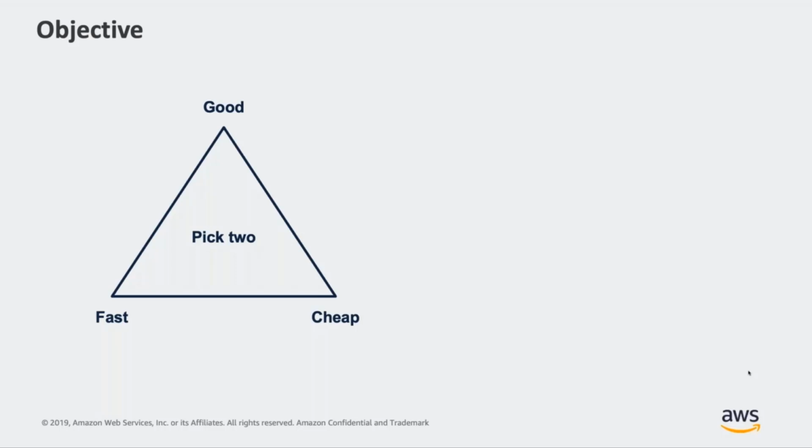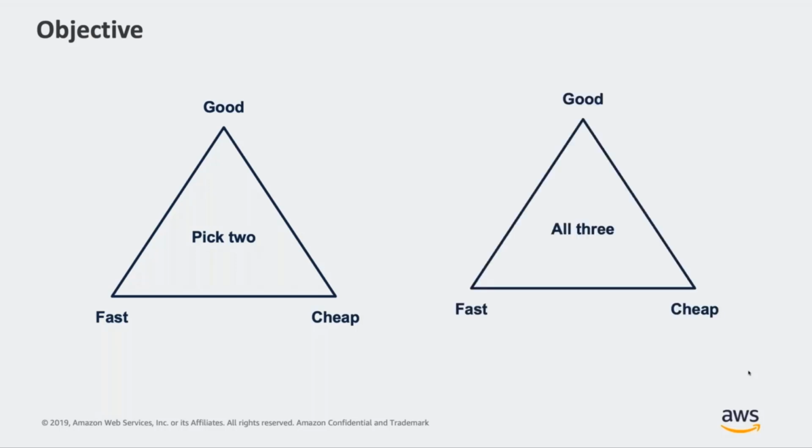But in today's webinar, we're going to show you how to build an IoT application which is both fast, responsive, and doesn't cost too much to operate. And we are going to show you how to build a solid application with good application architecture.